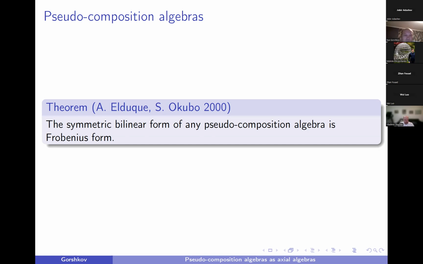One of these results is a result of El-Duque and Akuba: they proved that the symmetric bilinear form, which we use in the definition of a pseudo-composition algebra, is a Frobenius form.